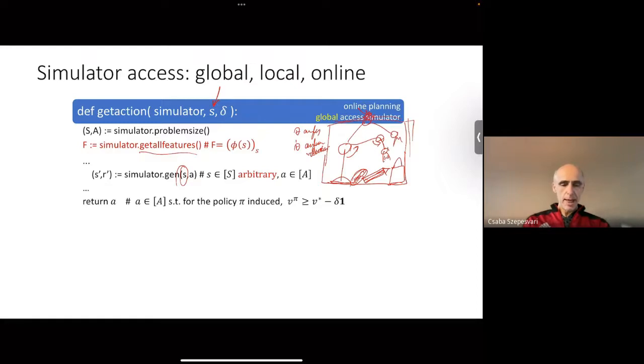Here we should be able to query the simulator for, okay, what are the states in U? And then we should be able to point to any of the possible states and tell the simulator, go there and simulate for this action what happens. But that's really hard to do, just because describing the state space itself is hard.